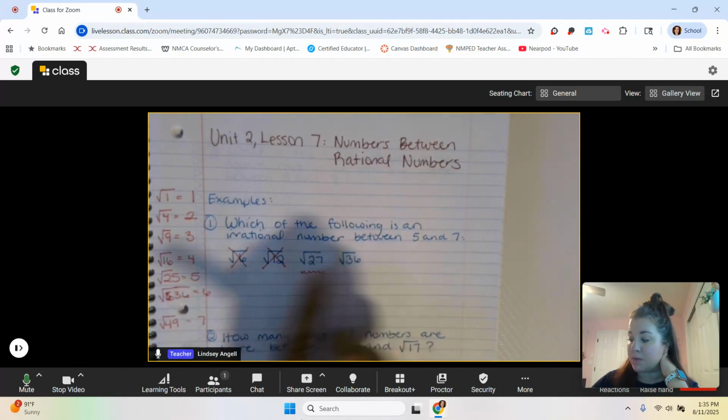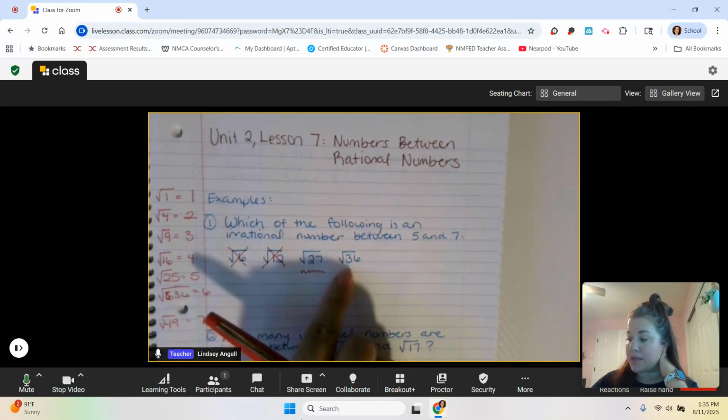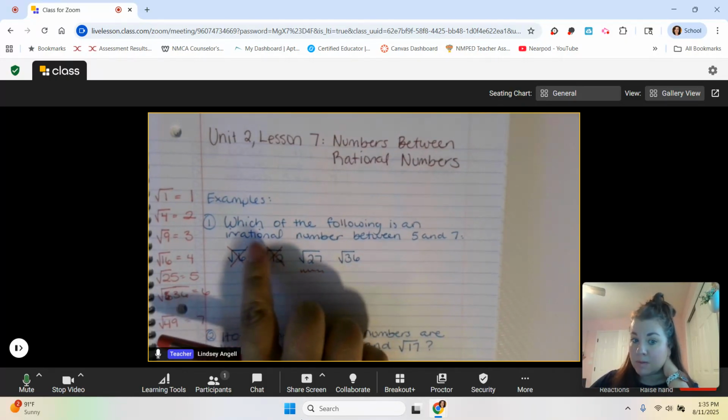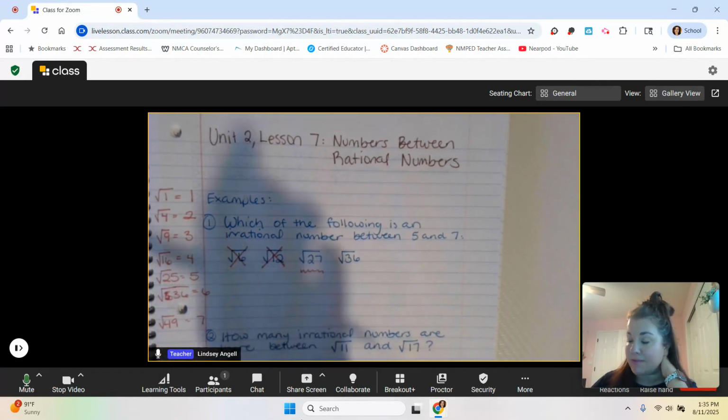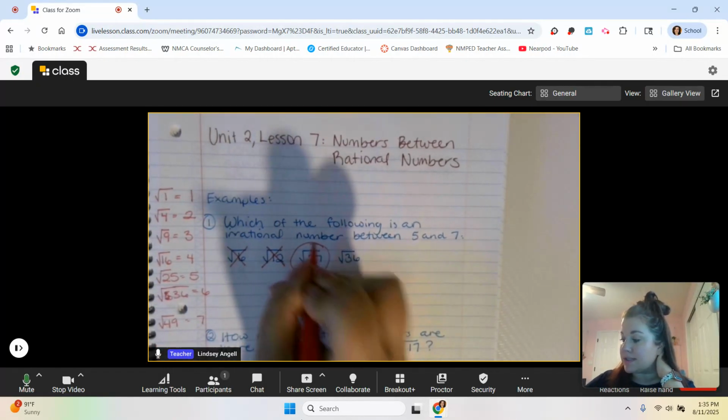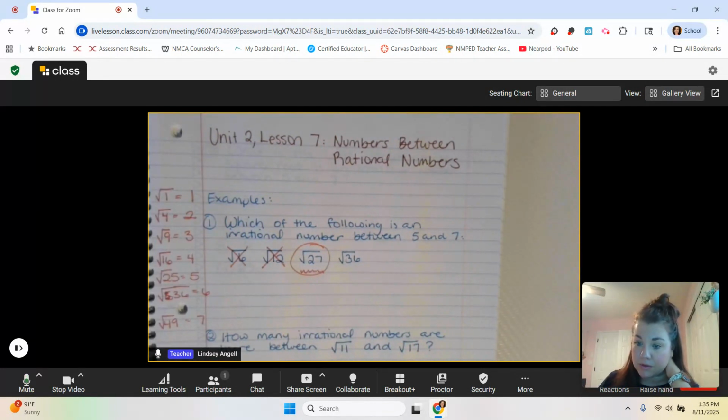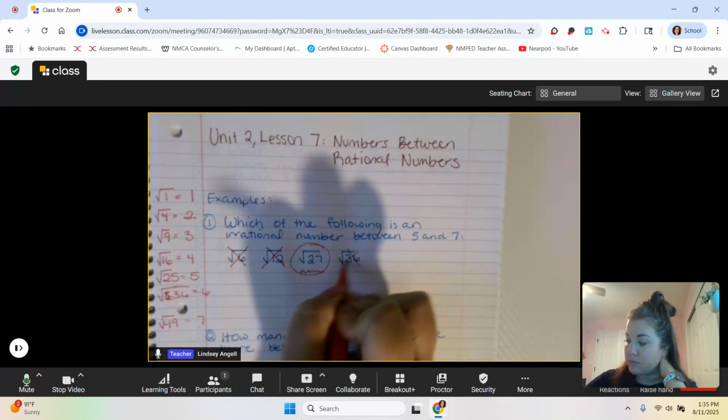And it does fall between 5 and 7, but the thing about this one is that it's a perfect square, which means it is not irrational. And that's what we're looking for, an irrational number between 5 and 7. So the square root of 27 is the only one that fits that rule.